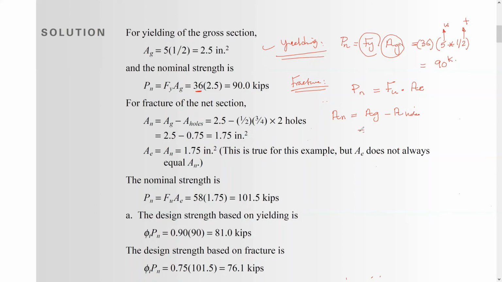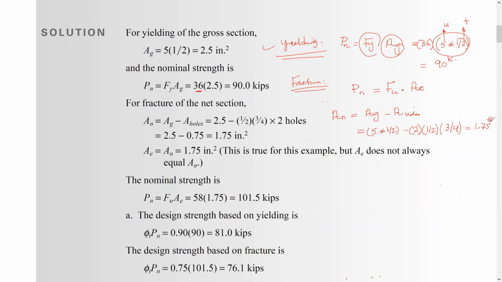Gross area we know, it's 5 by 1/2, minus how many holes do we have in this section? Two holes times the thickness, which is 1/2, times the hole diameter, which is 3/4, as we calculated. Using this, you will get that the net area is 1.75 inch square.